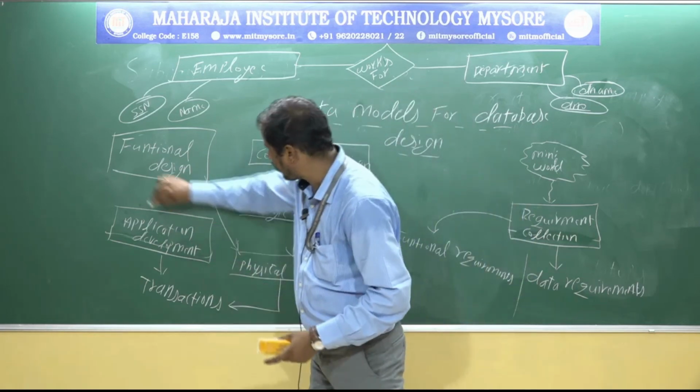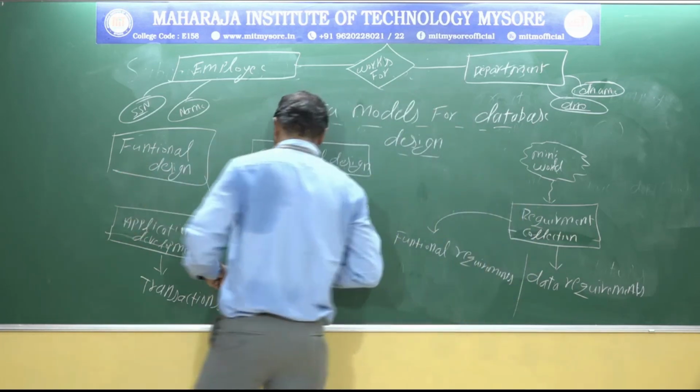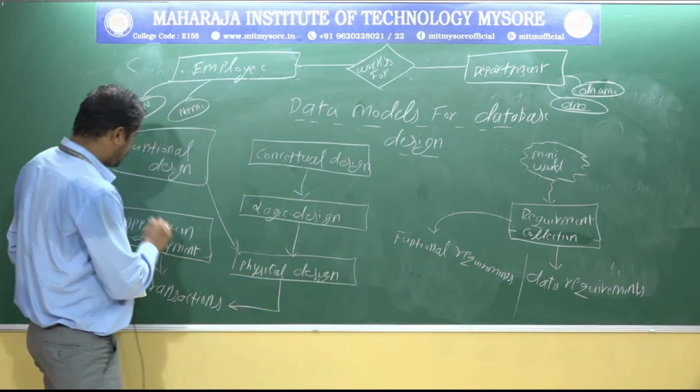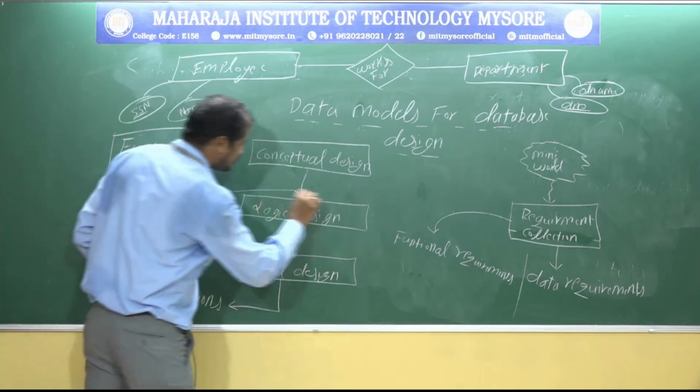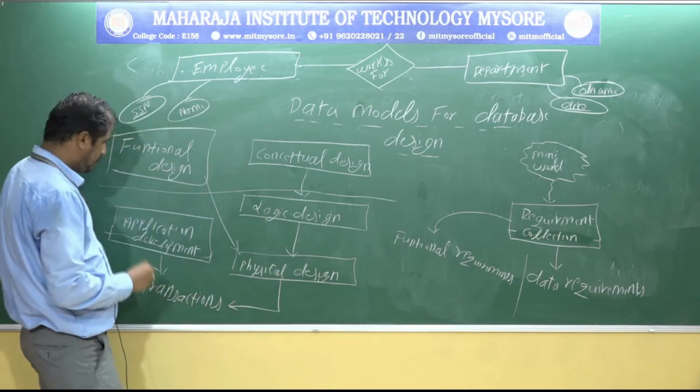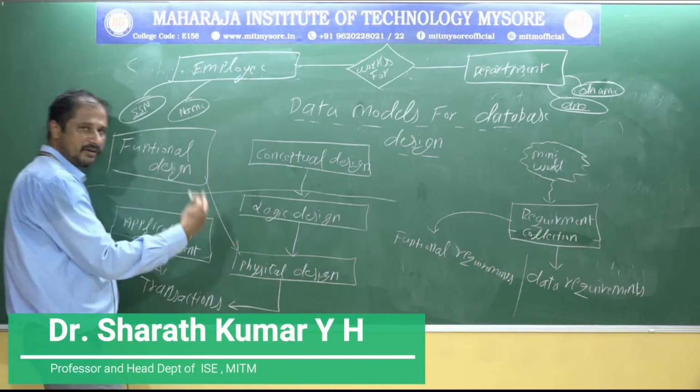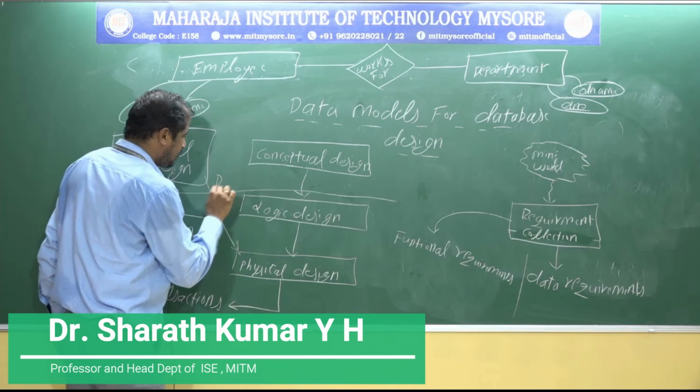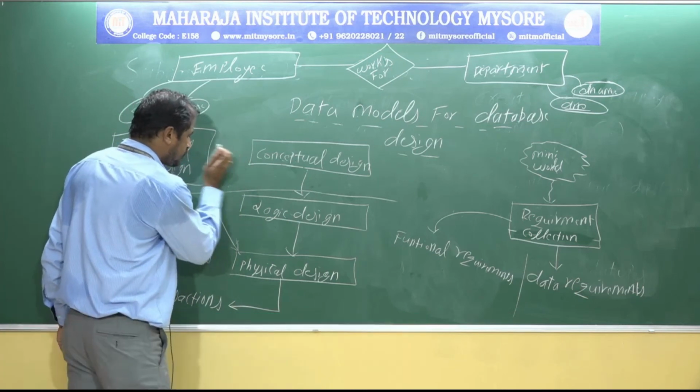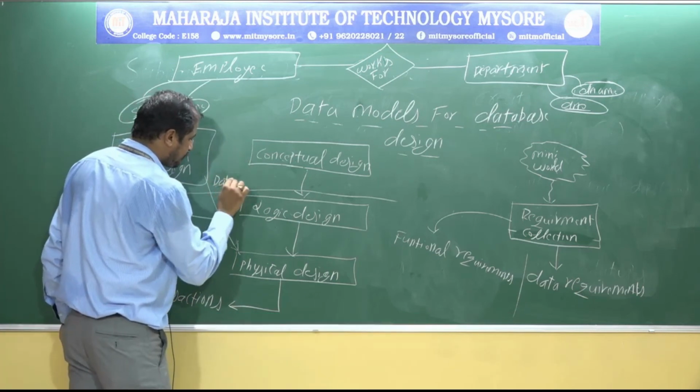So functional requirements can be like this. If I talk about data independence, it appears. This is data independence because it does not depend on any of the other things. As this is data, so data independence.